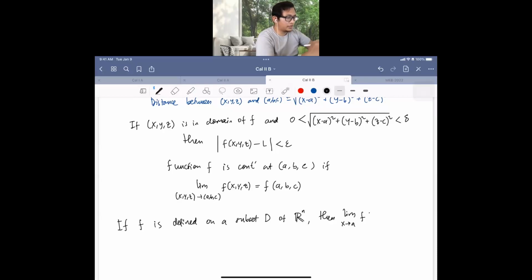So this x is not actually x. Let me make it more bold. It's a different x, just to note that it can be x, (x, y), (x, y, z), (x, y, z, w).